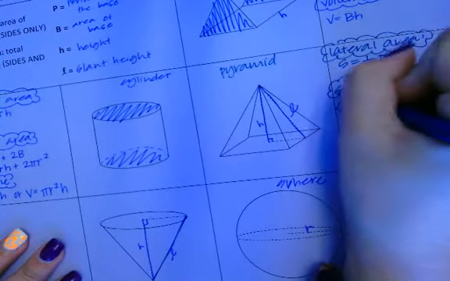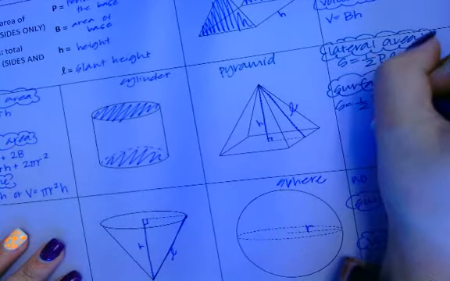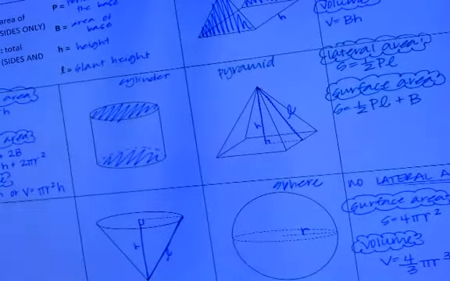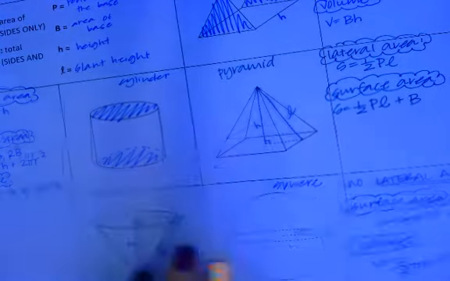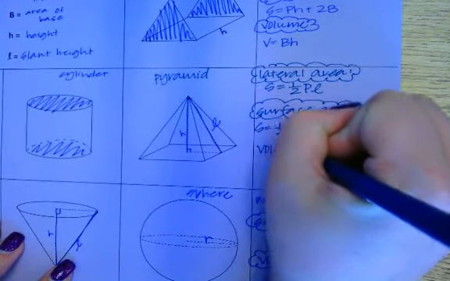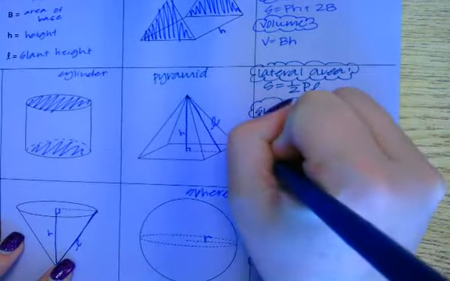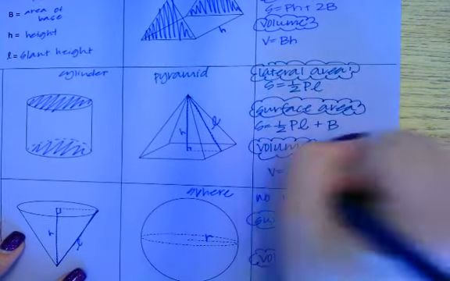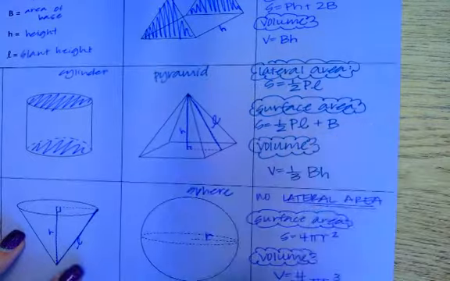We're going to add the base to our lateral area, so half P times L plus capital B. And our volume, bringing out those fractions, volume equals 1/3 area of the base times height.